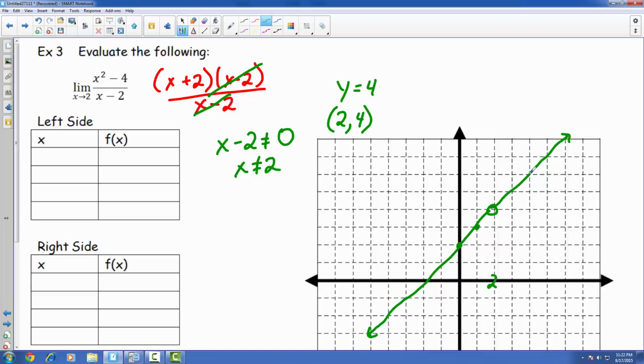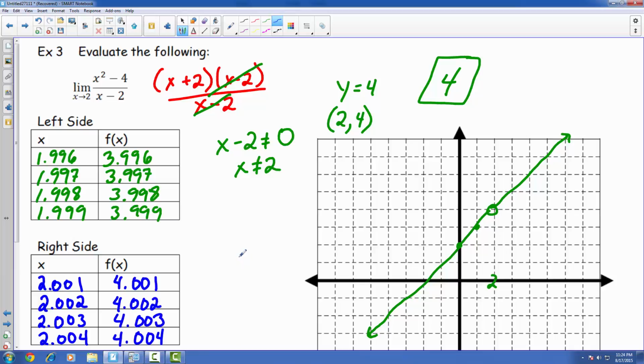And as you approach 2 from the right, you're getting really close to the value of 4 as well. That's exactly why we say that the limit as x approaches 2 of this particular expression comes out to be 4. So our answer is that this limit is 4.